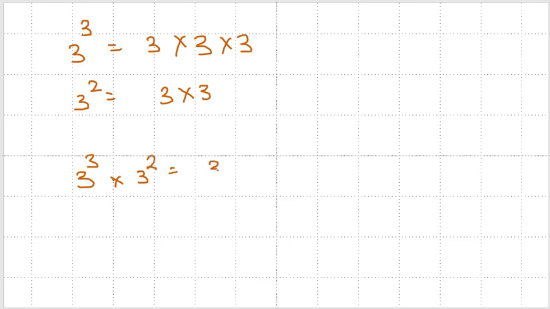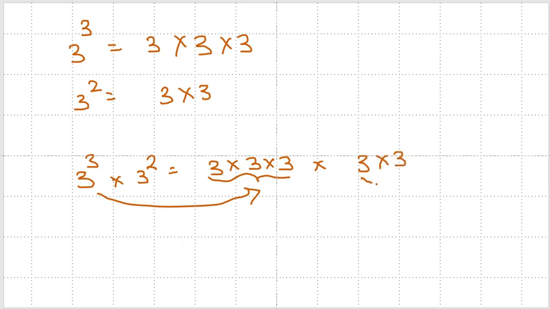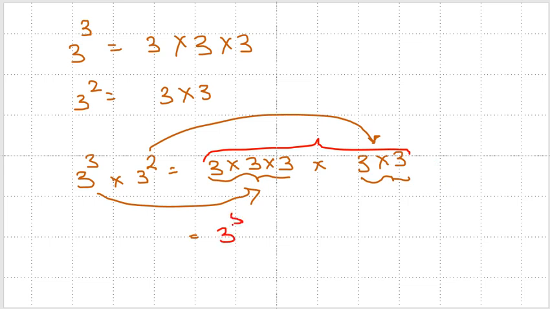Well, it is going to be 3 times 3 times 3 from here, times 3 times 3 twice from here. And then if I calculate the whole thing, how many 3's do I have? I have 3, 5 times. So this equals 3 to the power 5.